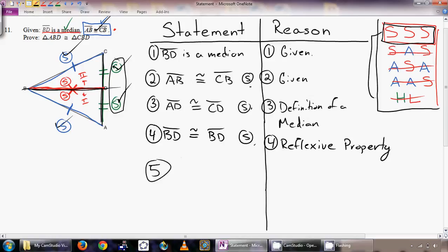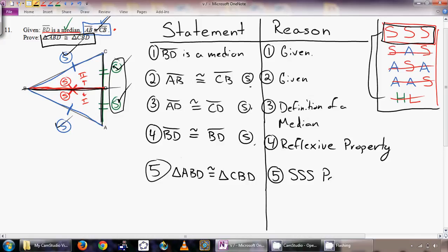These 5 postulates allow me to say triangles are congruent. So I'm going to just copy that. Triangle ABD is congruent to triangle CBD. And my reason for stating this is the side, side, side postulate.